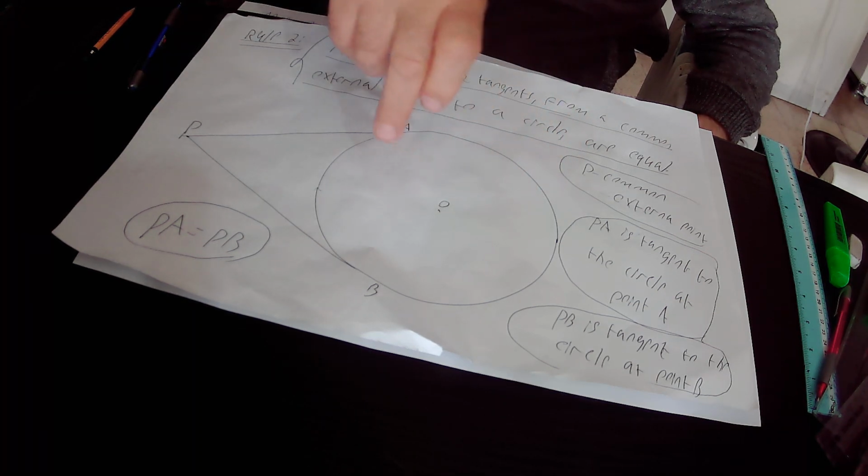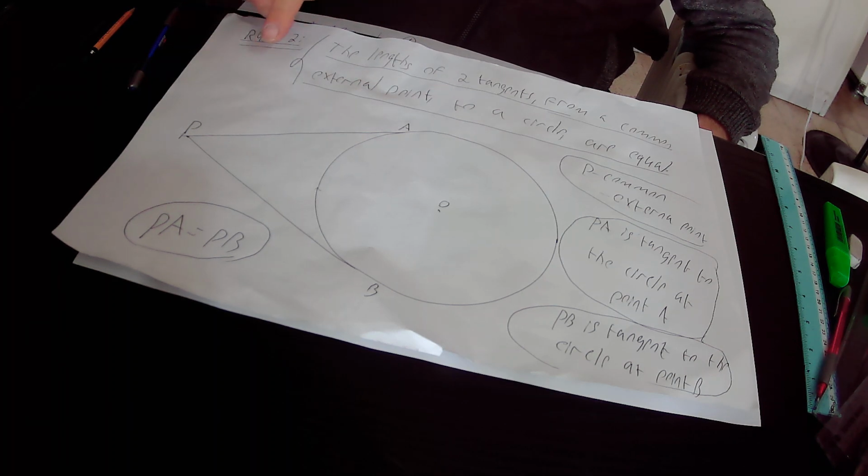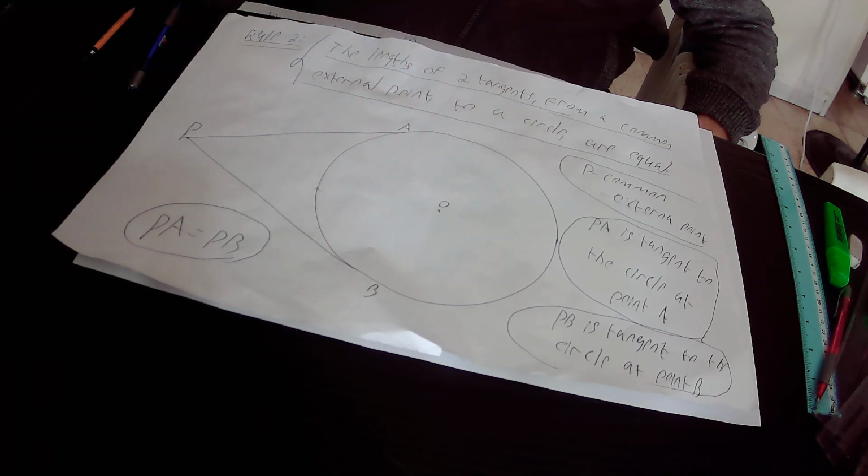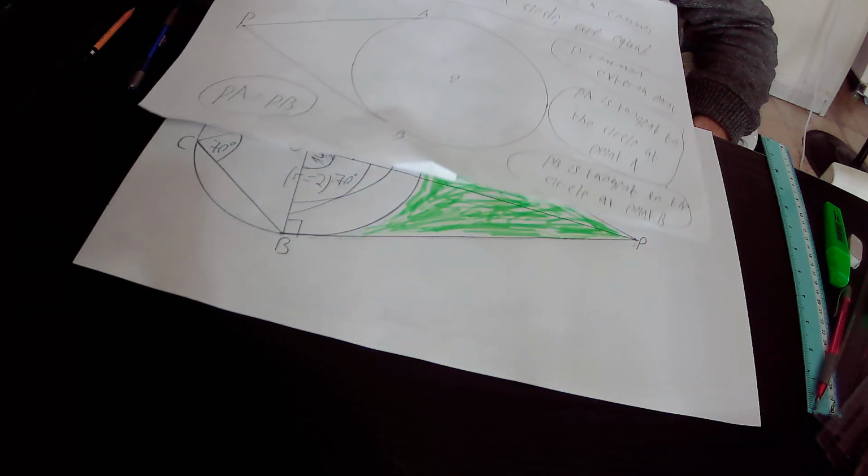In the drawing, we have a circle, and we have here the common external point, point P. From point P we have two tangents to the circle, tangent PA and tangent PB. According to rule 2, they are equal to each other. That is to say, PA equals PB. We implemented rule 2 in our drawing.